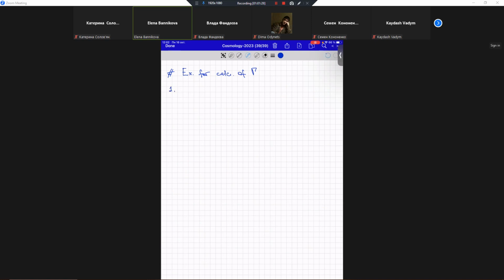Okay, the first one. I don't remember whether we considered it, so consider the Minkowski space. The interval for Minkowski space is c dt squared minus dx squared minus dy squared minus dz squared.